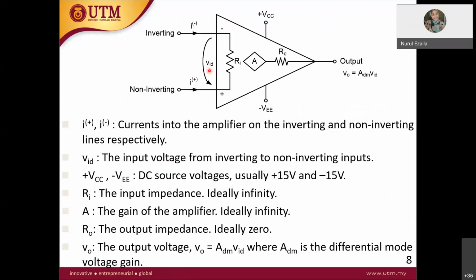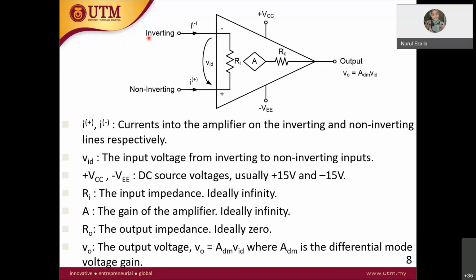In an op-amp, it has two inputs, the negative input and the plus input. The negative input we call the inverting input, so whatever the output from this negative input will be inverted. The plus one we call the non-inverting input.